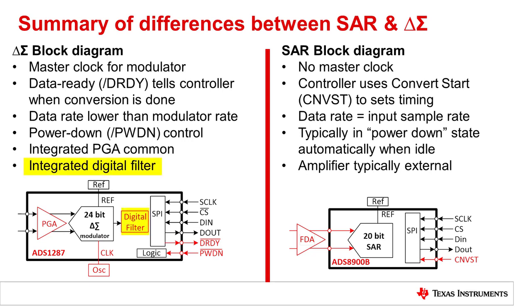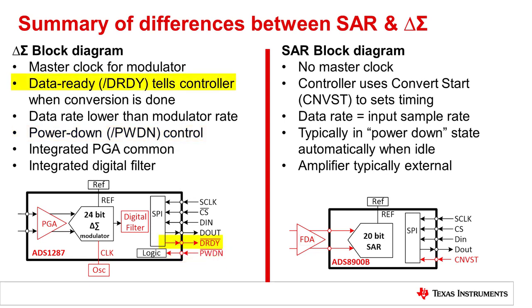All delta sigma converters will have an integrated digital filter, but SAR converters seldom offer this feature. A SAR ADC typically consumes very little power when not converting, so they generally do not need a power down control. On the other hand, the delta sigma converter typically converts continuously, so a power down control is often used to put the device in an idle state in order to minimize power consumption when conversions are not needed.